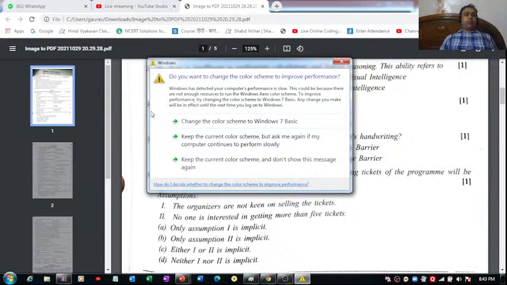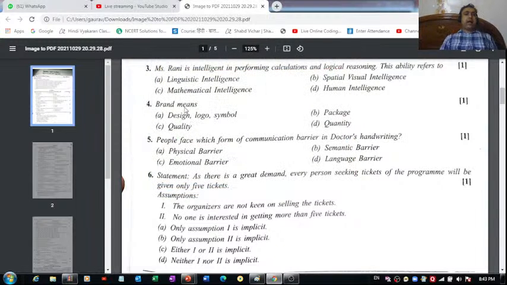Then comes question number 4, which says: brand means. So, what does brand mean? Does it refer to design, logo, and symbol, or is it related to packaging, quality, or quantity? So brand means quality, right? If we talk about cars, then Tata is a very big name in the cars industry.